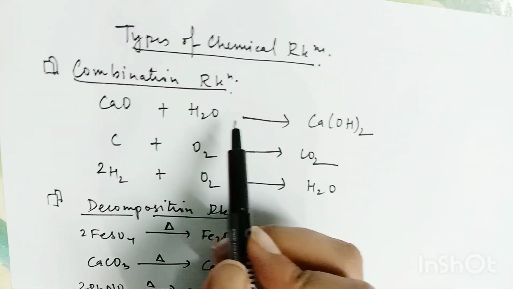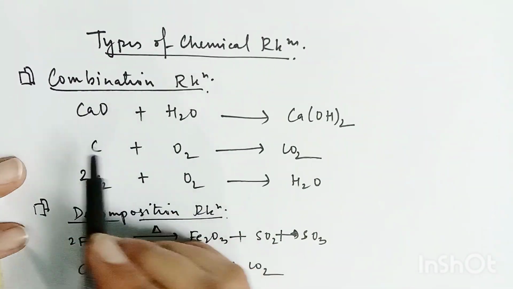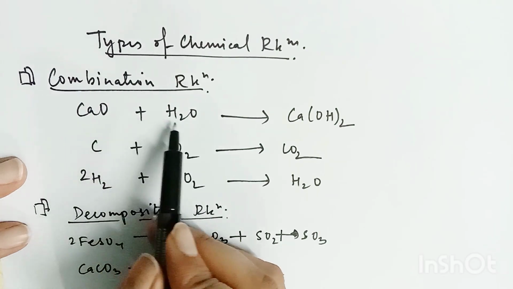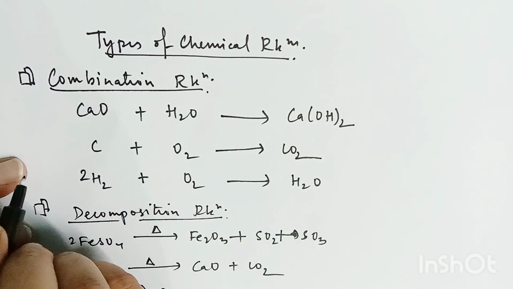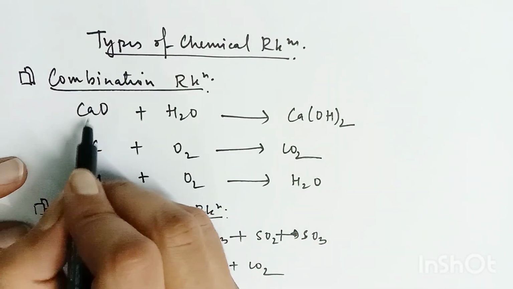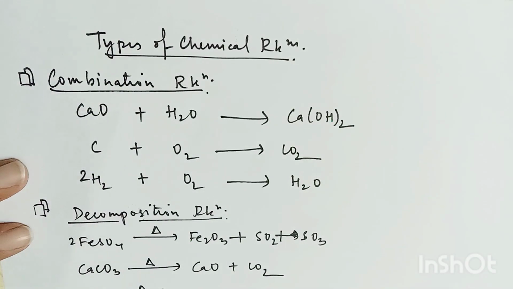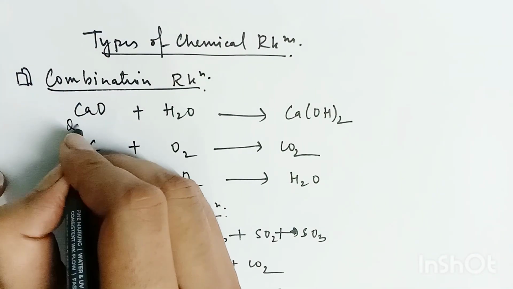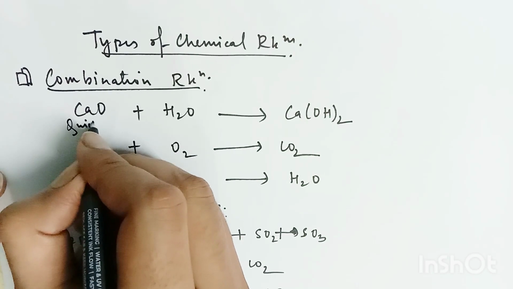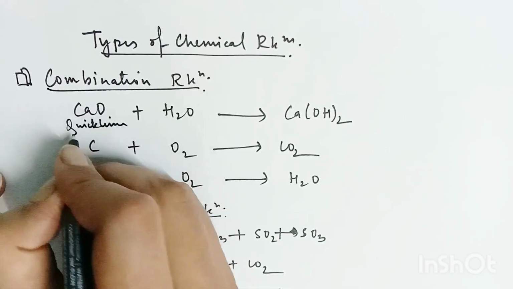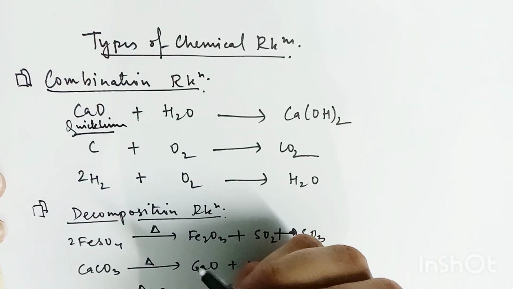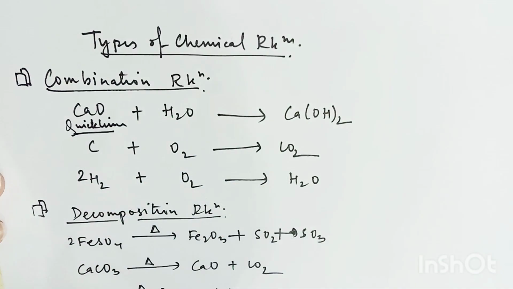Here are some important examples for your exams, like calcium oxide plus water gives Ca(OH)2. Now one thing, calcium oxide has a common name which can be a question in exams. What happens when quicklime is reacted with water?